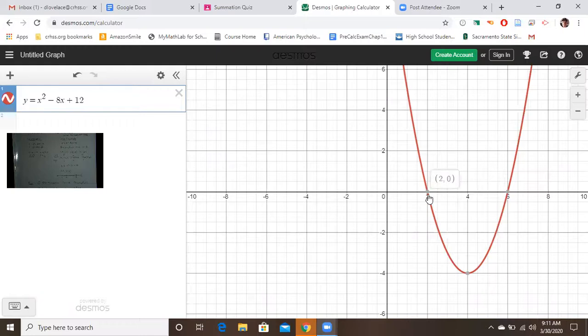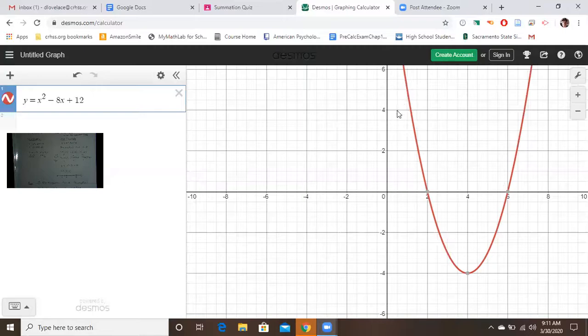And where does that happen for the x inputs? Between 2 and 6. So if I choose any value of x in this little section here, between 2 and 6, where's the y value? It's down here, below the x-axis. So these are all negative y values. If I pick any value of x less than 2, anywhere along the x-axis less than 2, where's the function value? It's up here.